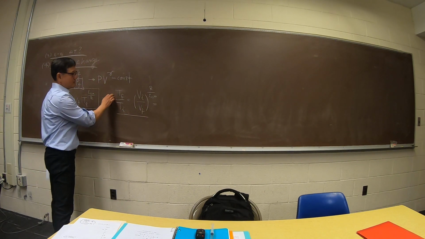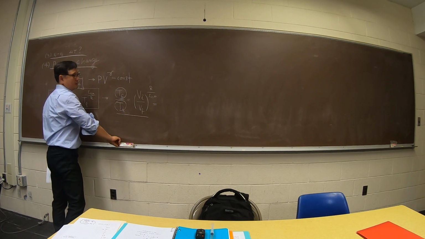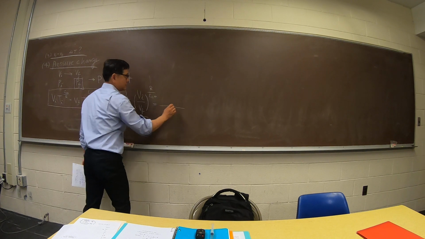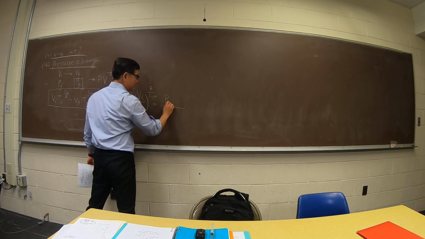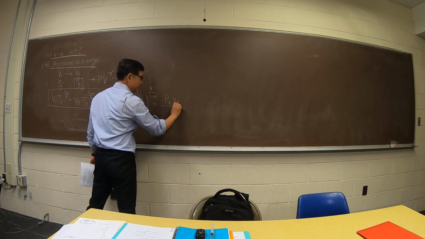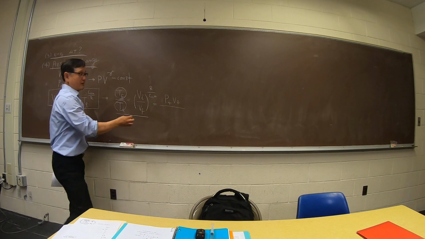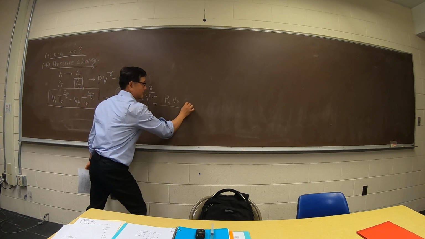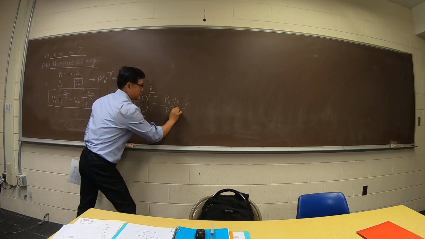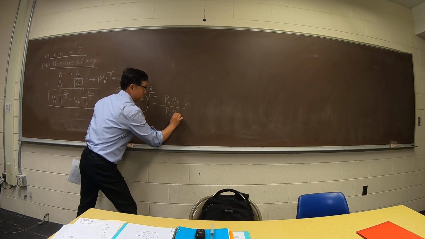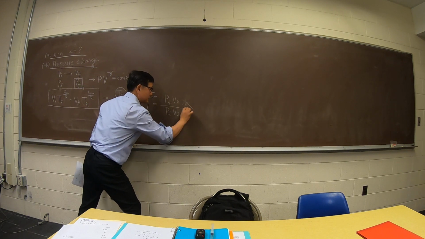Now I'm going to use my ideal gas law, where temperature final is pressure final, volume final divided by NR, and this is initial pressure, initial volume divided by NR, and the NR goes away.